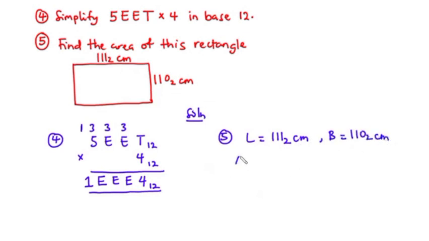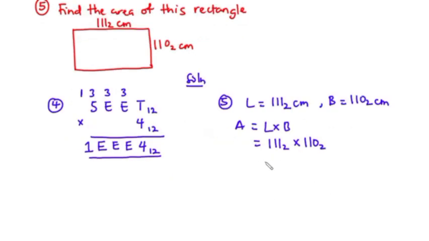We know that the area of a rectangle is given by length times the breadth. Therefore, we have 111 base 2 times 110 base 2. Now let's multiply the two values.